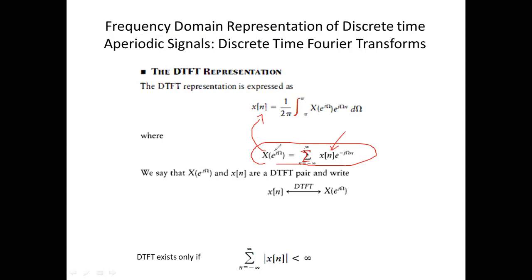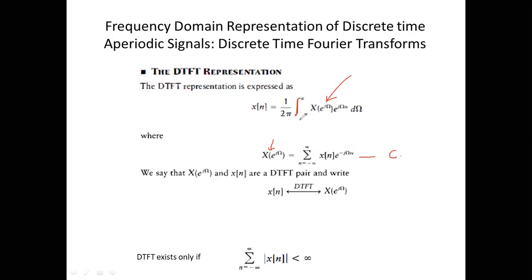But the X e to the power j omega that I get from the process is going to be continuous, which is represented by the integration sign. So even though x of n, the input to the Fourier transform, is discrete, the discrete time Fourier transform is continuous in nature. That is one thing I want you to remember.